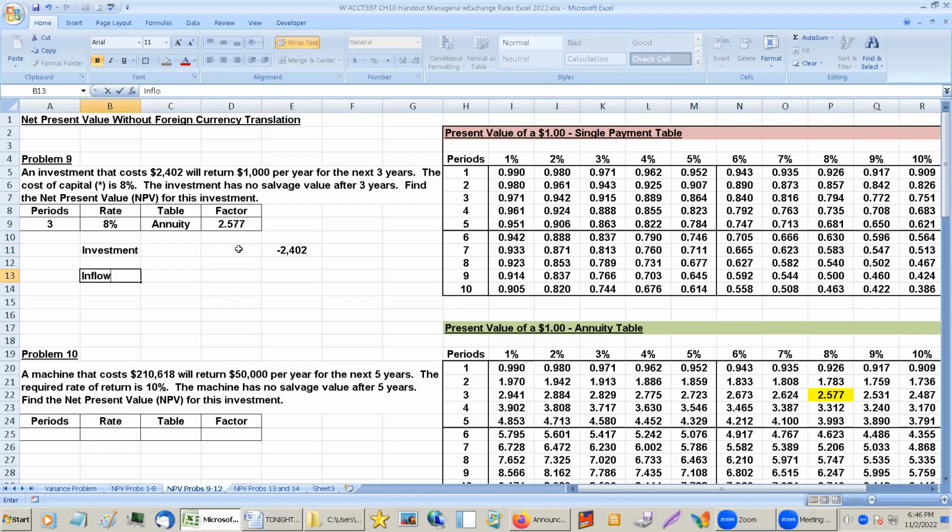The inflows are 1,000. Times that, so these are positive.